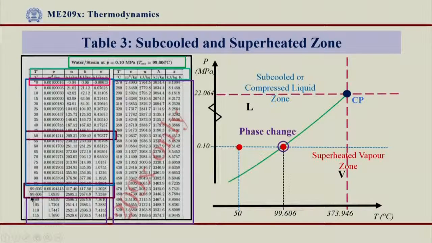The next, at the same point 99.606, is the saturated vapor line, and what I get here is Vg, Ug, Hg and Sg. And one more thing, the differences between these two will be hfg, sfg, delta U or delta V, that is vfg and ufg, whatever you call it.